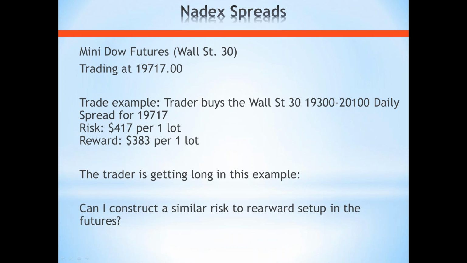So a spread this wide in the Dow futures would be a huge, huge spread. It's a $4,000 wide spread between the floor and ceiling. Here, it's much smaller, right? Much, much smaller. So again, I can approach this the exact same way, but with a much smaller level of risk, okay?